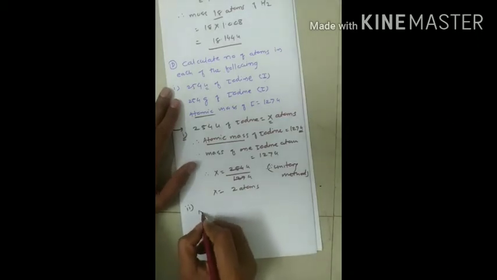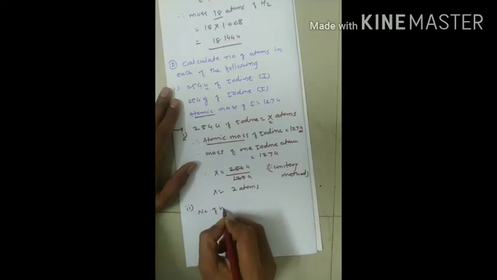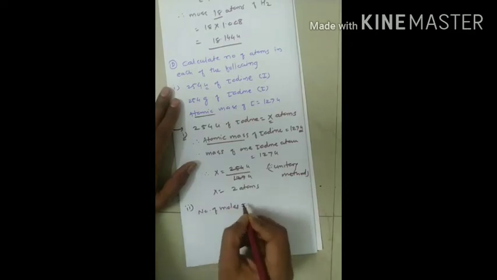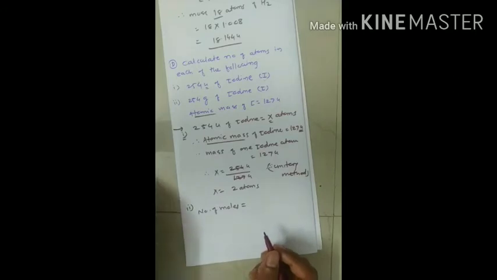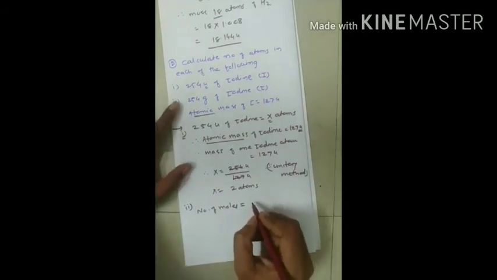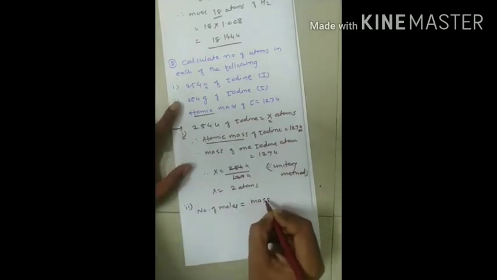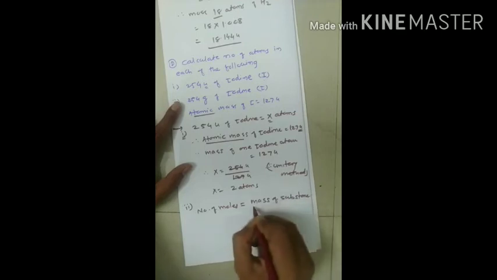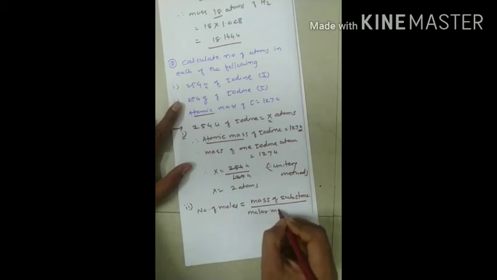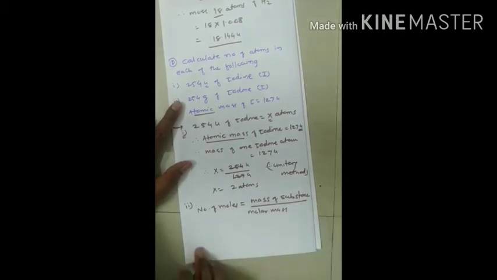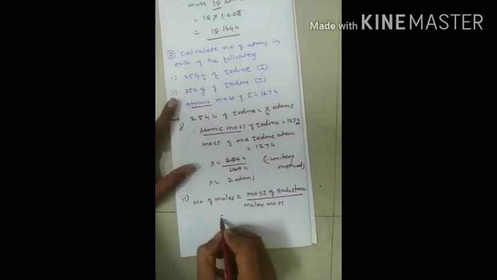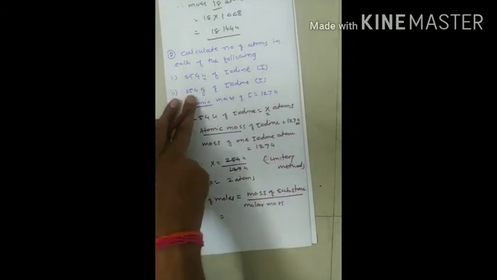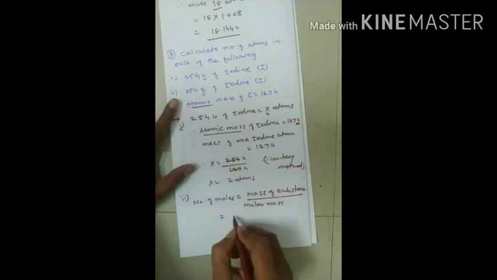We are using the same formula: number of moles equals mass of a substance upon molar mass of the same substance. Here the mass of the substance is already given in grams, it is 254 gram, isn't it?